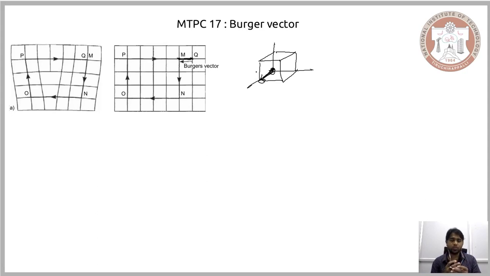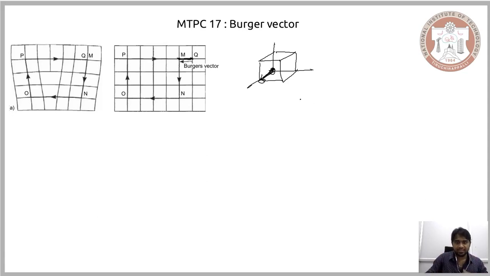Whenever your Burgers vector represents the distance between two lattice points in a given crystal structure, you have a definite crystal structure, you have specific positions of the atoms, and the Burgers vector that you see is the distance between the two atoms or the lattice points wherein you could find the atoms.